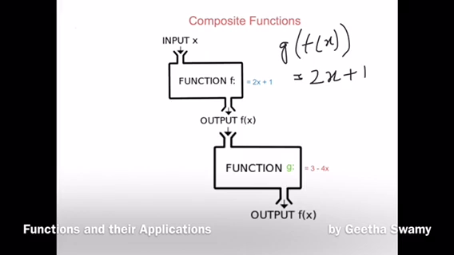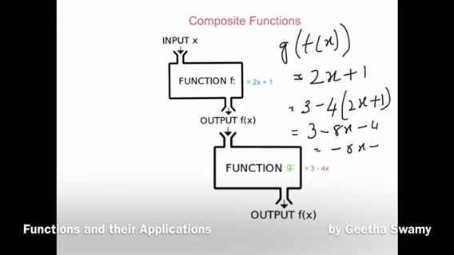And this is now going into the g function, which will make it equal to 3 - 4(2x + 1), so that you get 3 - 8x - 4, which will give me -8x - 1. So g(f(x)) is now equal to -8x - 1.